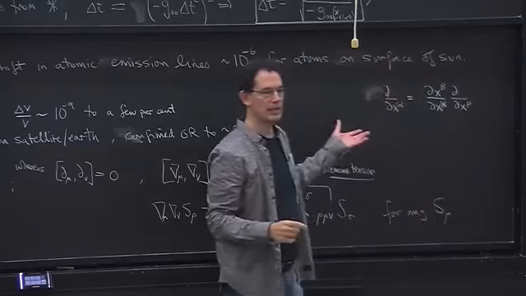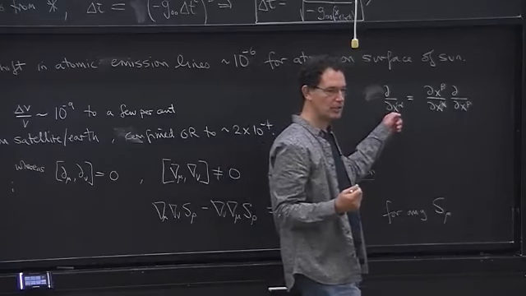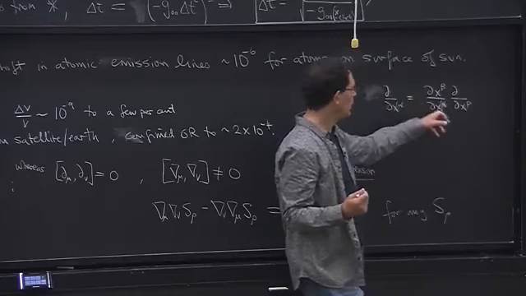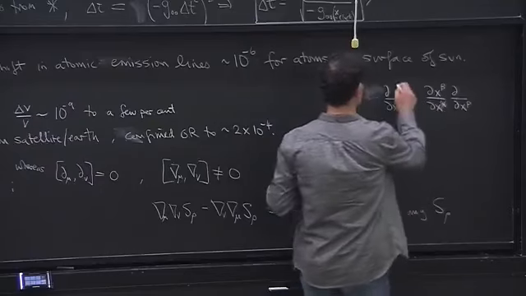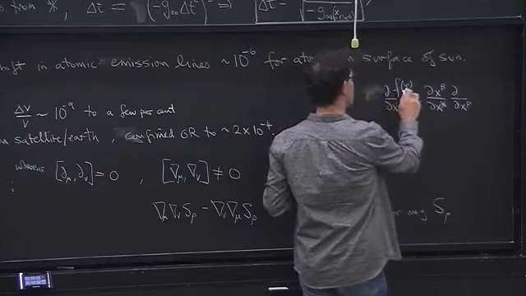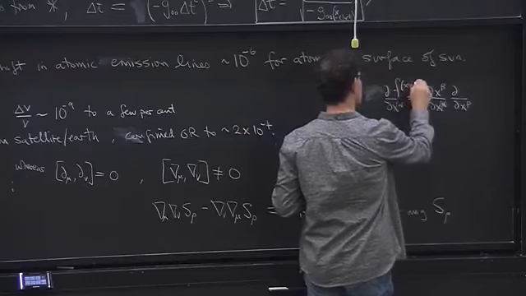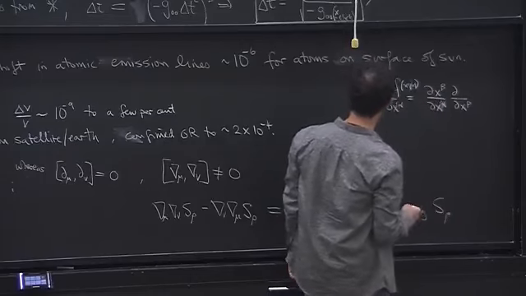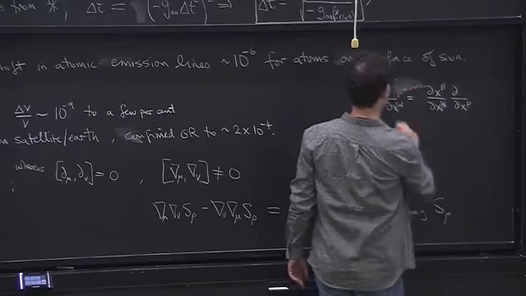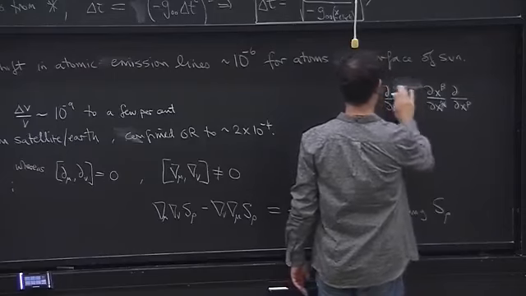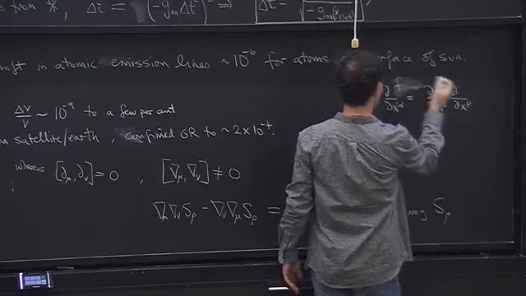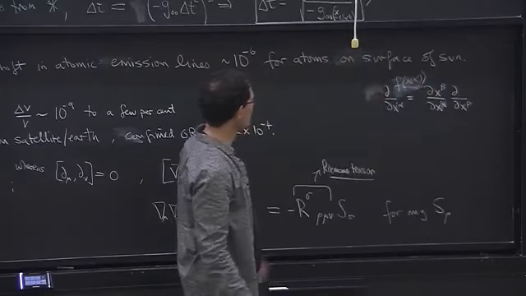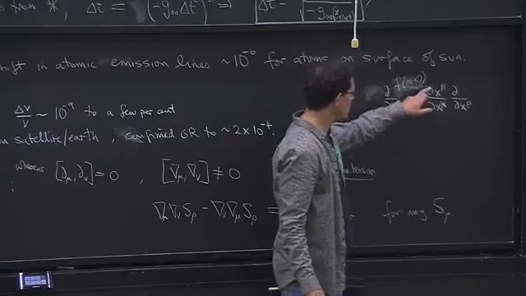That's true as an identity: if I take the ordinary partial derivative, just by the chain rule, if I have a function f of x prime, and I consider x prime to be a function of x, first I differentiate with respect to x, and then I differentiate x with respect to x prime.